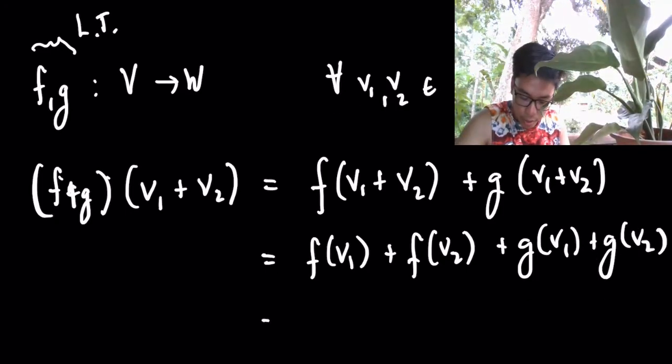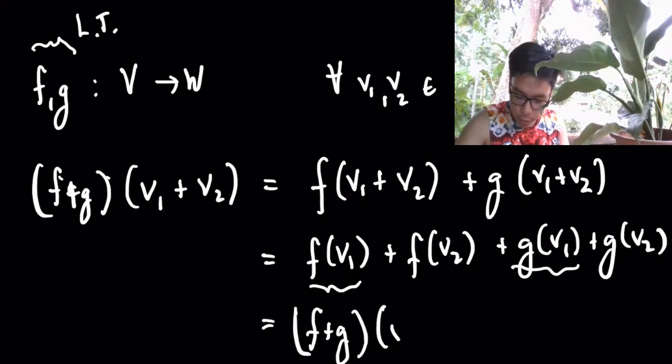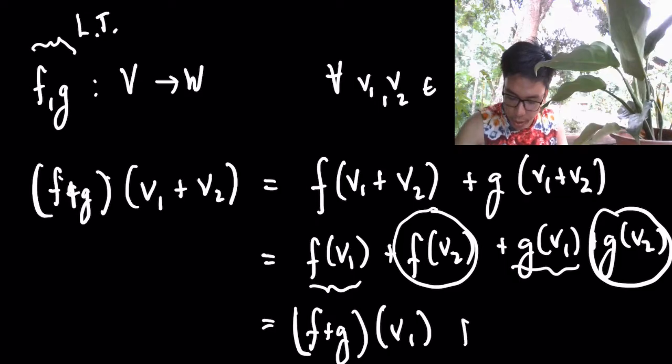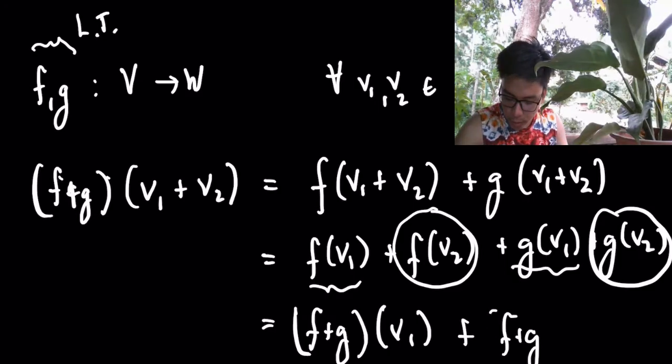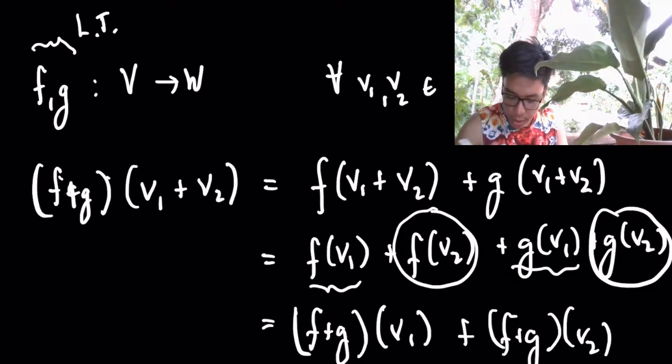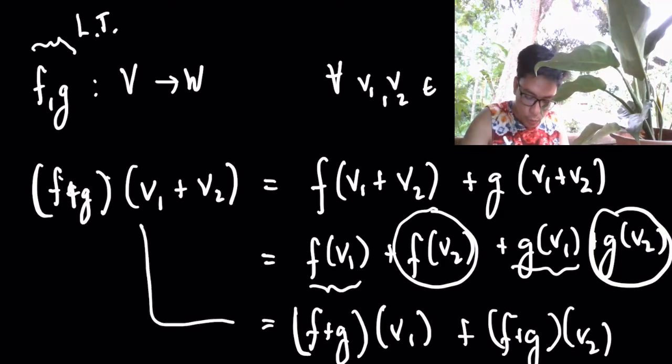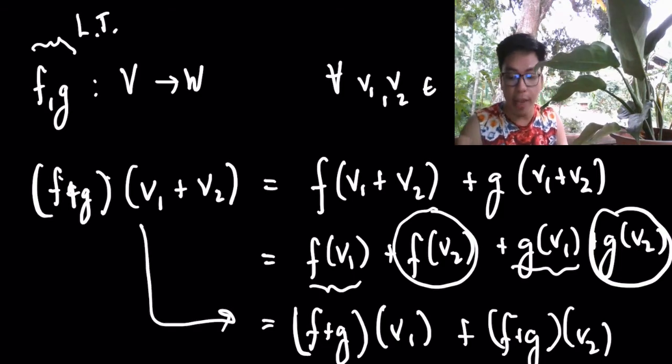Now I can regroup this like this, and I would get (f plus g) of v1, and also this one and this one, I can get (f plus g) of v2 here. So this means to say that condition 1 of being a linear transformation is satisfied.